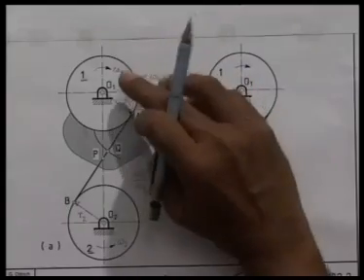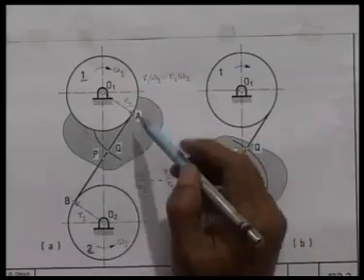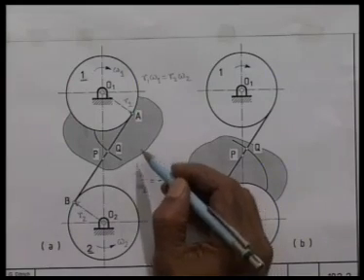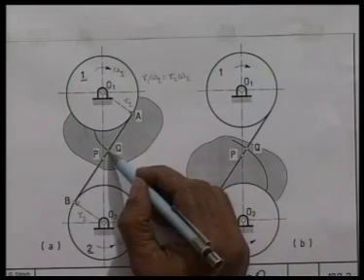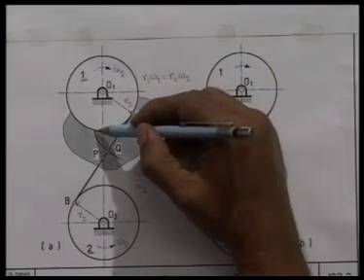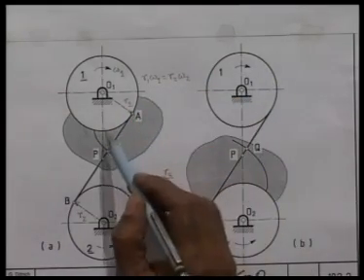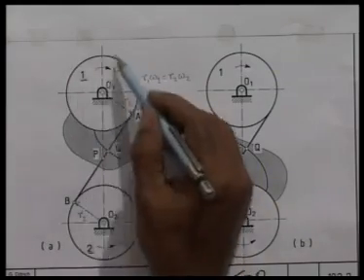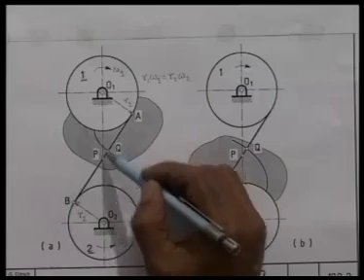Now, if we hold the pulley fixed, then the belt as it unwinds rotates in the counterclockwise direction. So, as a result, this point Q on this belt or string generates an involute of which this pulley is the base circle. That is, this circle represents the base circle of this involute.